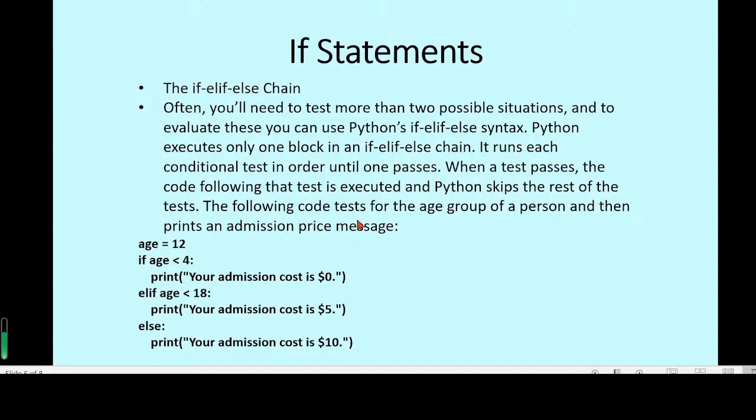The following code tests for the age group of a person and then prints an admission price message. So for example, age is 12. Then we run: if age is younger than 4, print this message. If this fails, Python will test the next conditional test: if age is younger than 18.